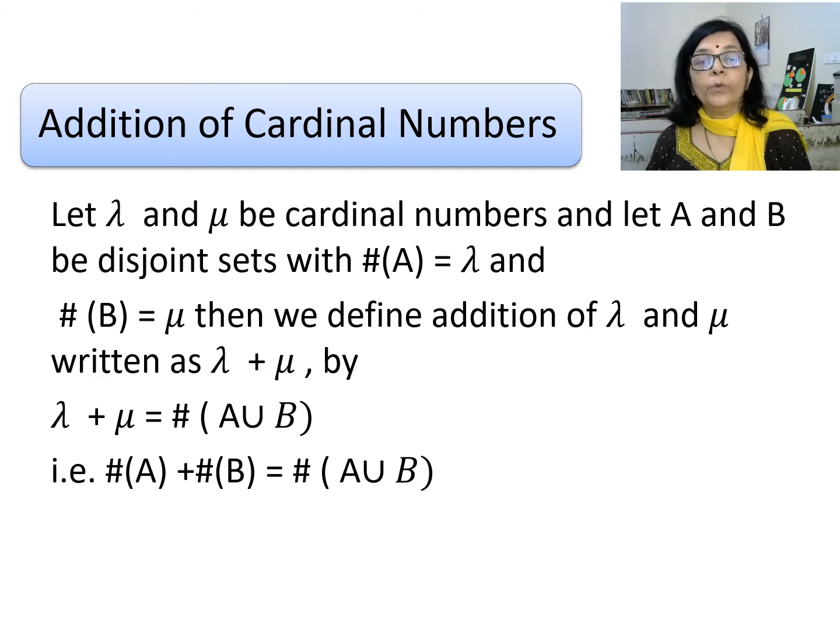Then we define the addition of lambda and mu, written as lambda plus mu, by lambda plus mu is equal to #(A union B). That is, #A plus #B is equal to #(A union B), or we say cardinality of A plus cardinality of B is equal to cardinality of A union B.